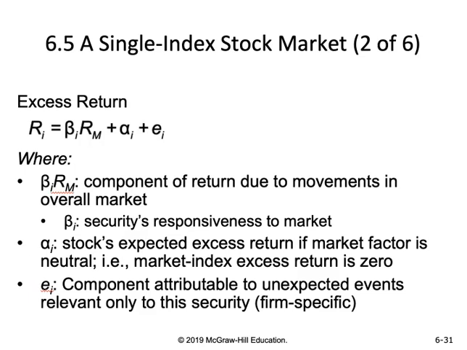And here's the formula that puts all of this together. The return on an asset i is the beta of i times the return of the market, or the excess return of the market, plus the alpha of i, plus any surprises, unexpected things that happen at the firm level that may cause the price of that stock to go up or down.